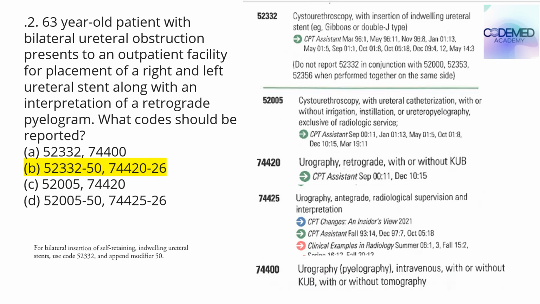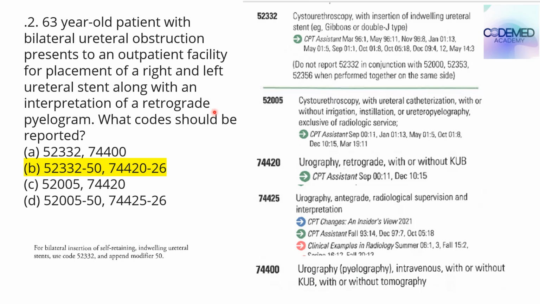So yes, 52332 along with the modifier 50 is the correct code because this is talking about only one stent code. We have put left and right, so we will require the modifier 50, and 74420 and 74400. In that we are looking for how this pyelogram has been taken.